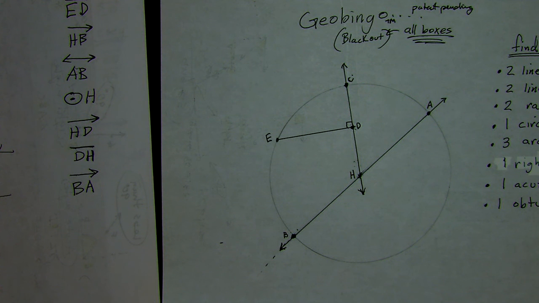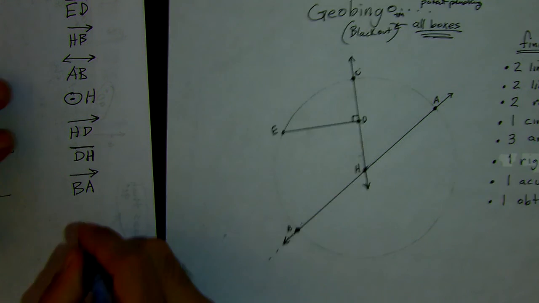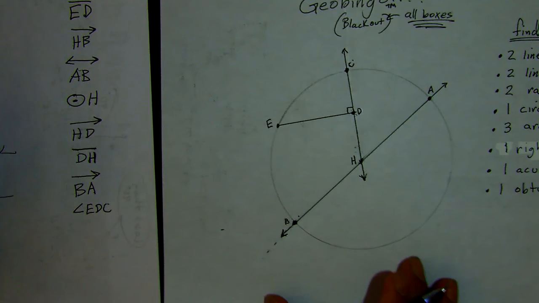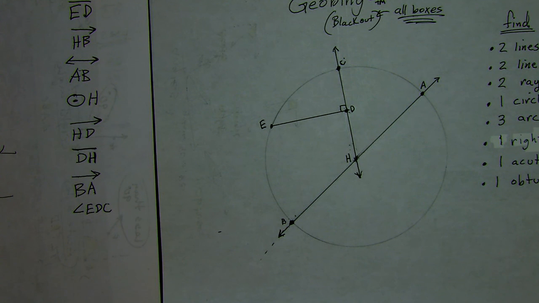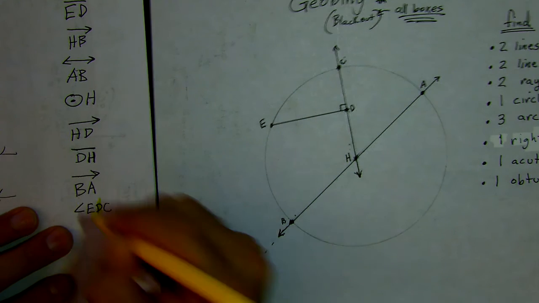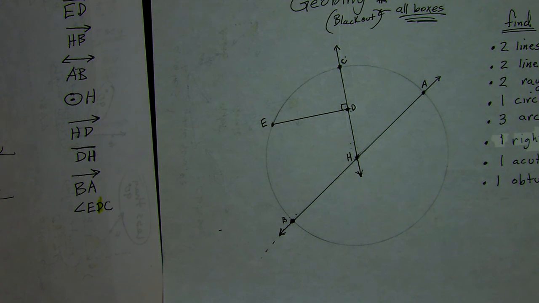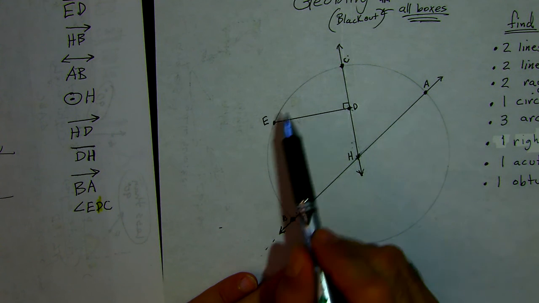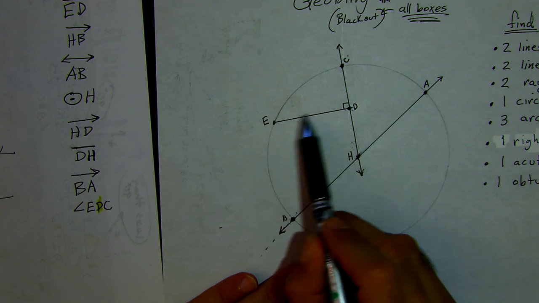All right, so I just did BA. Next is angle EDC. All you got to remember is, with the angle, the middle letter is the corner. Look, EDC is right here.